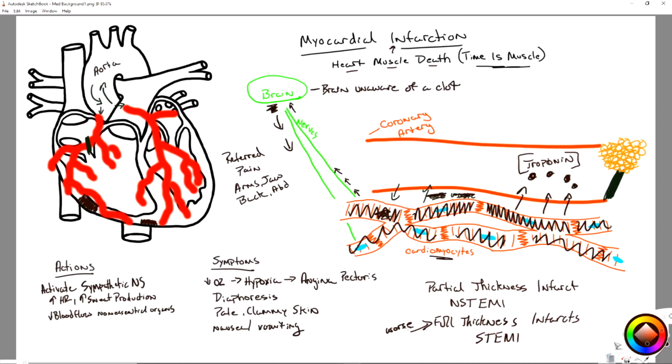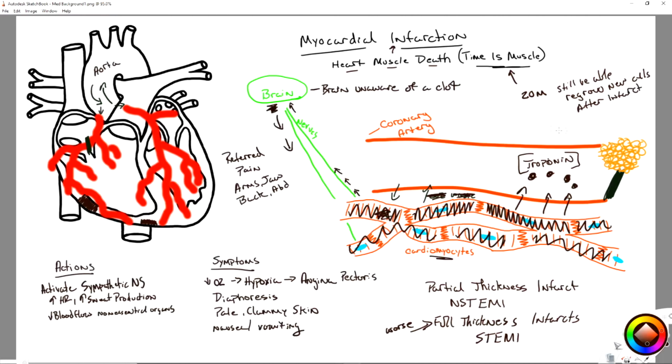Okay? Now remember, okay, in 20 minutes, okay, your heart muscle can last about 20 minutes. This is where we're going to start talking time as muscle. So your heart muscle can last 20 minutes of infarct and still be able to regrow new cells after the infarct.